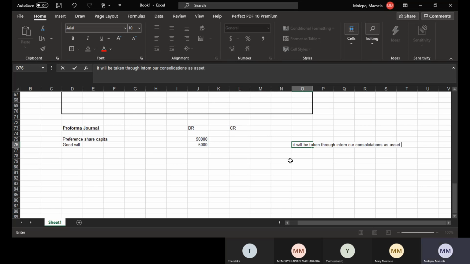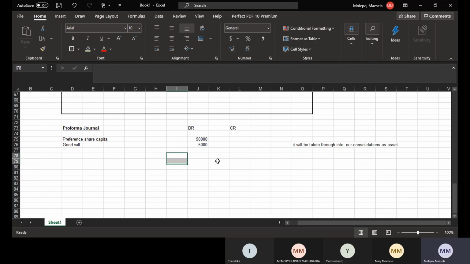This goodwill of 5,000 will be taken into our books as an asset, so we don't need to write it off. It's going to increase on the debit side.